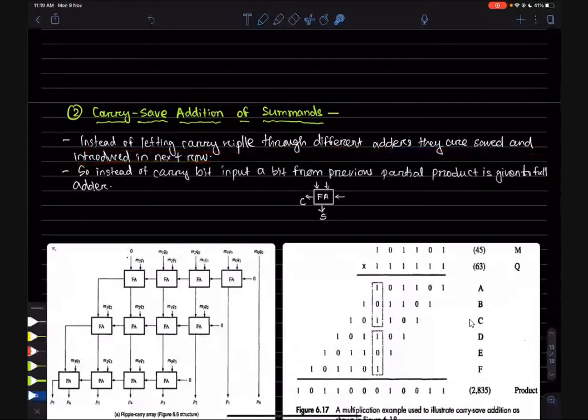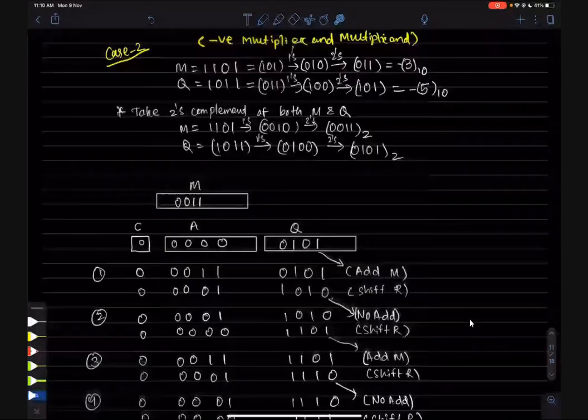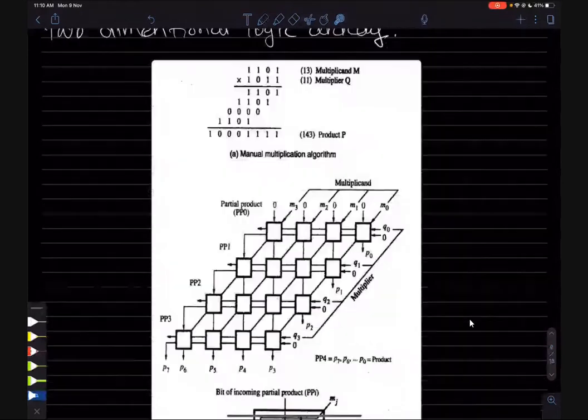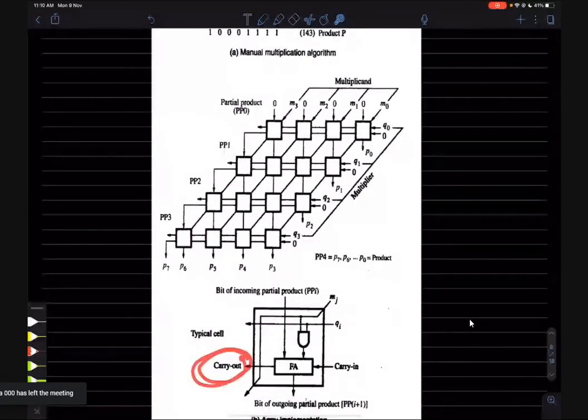What is the meaning? This is the figure that we have seen in the multiplication section. Let's go to multiplication. I think you remember this circuit. In this case, what was happening? There is a carry out, and the carry out is rippling through all these adders.